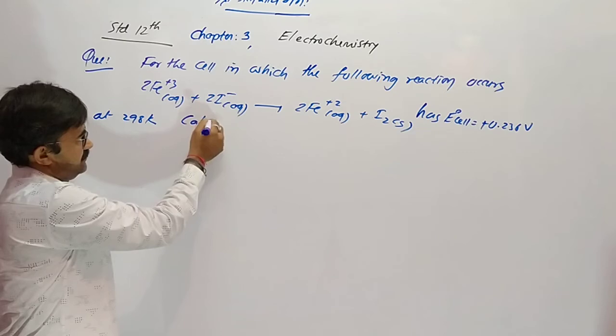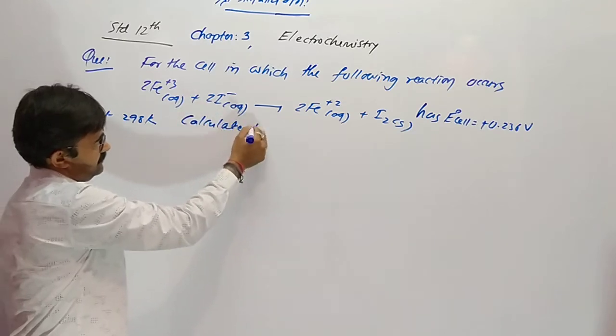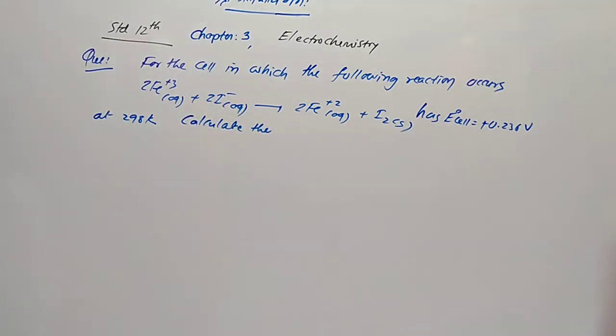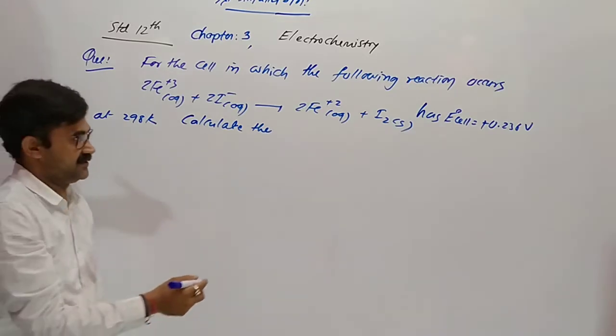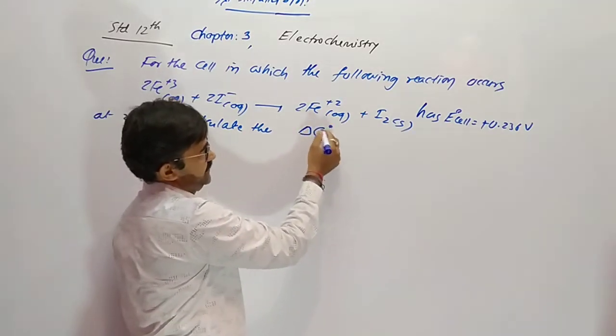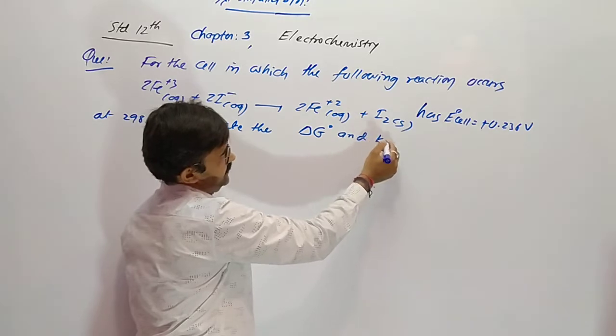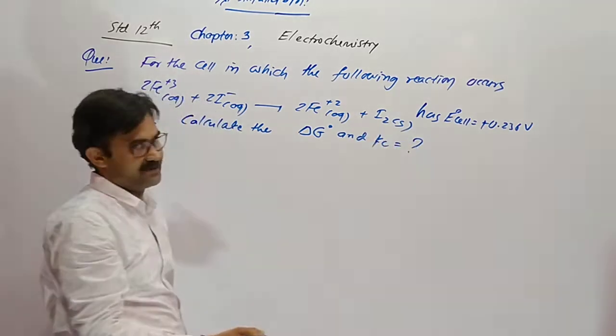Calculate the standard Gibbs free energy, that is ΔG°, and the equilibrium constant of the cell.